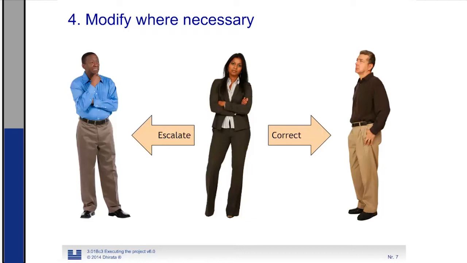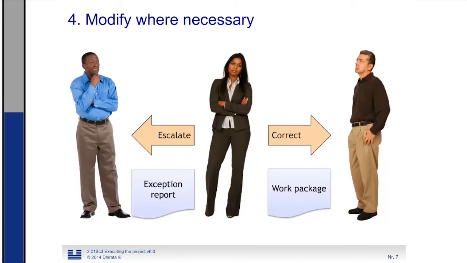The rectification by the team members is done by writing and developing new work packages, new activities, to take care that we still will be in budget and time. When this is not possible, the project manager needs to escalate. Escalation is done with a so-called exception report.